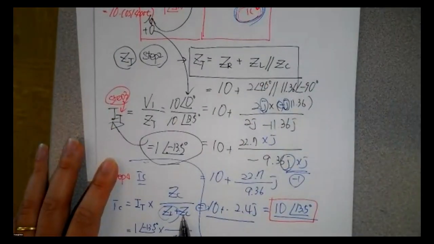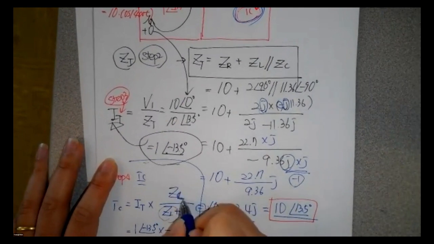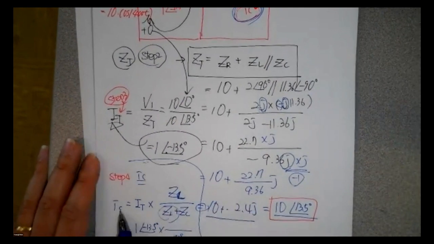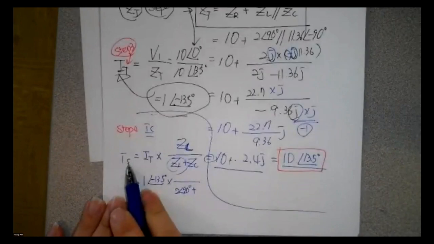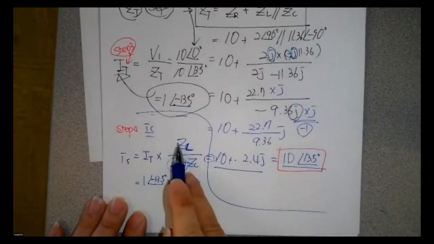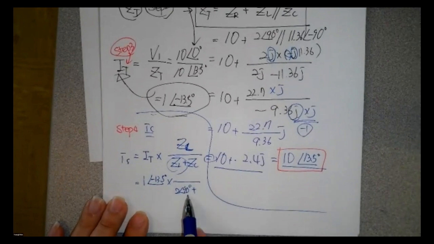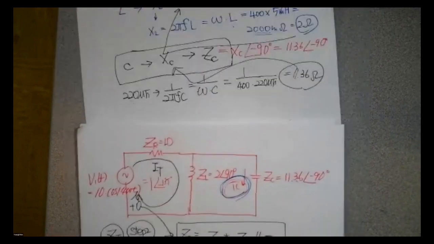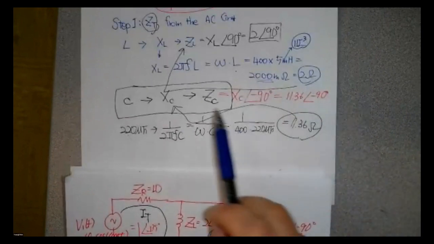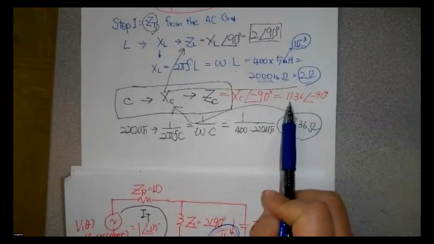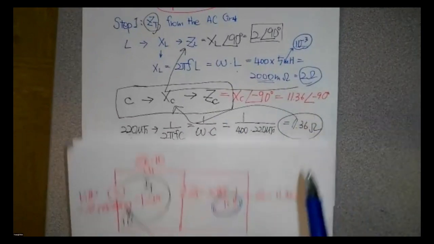Oh, I'm sorry, this is maybe Z sub L. To find I sub C, I sub T multiply Z sub L over Z sub L plus Z sub C, Z sub L is 2∠90 degrees, and then Z sub C is 11.36 at minus 90 degrees.